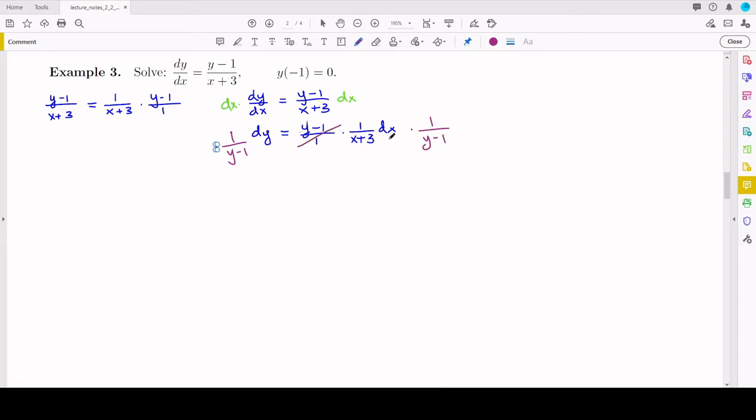This whole thing will cancel with that, and my equation now becomes 1 over (y minus 1) dy equals 1 over (x plus 3) dx. And then I will integrate both sides.